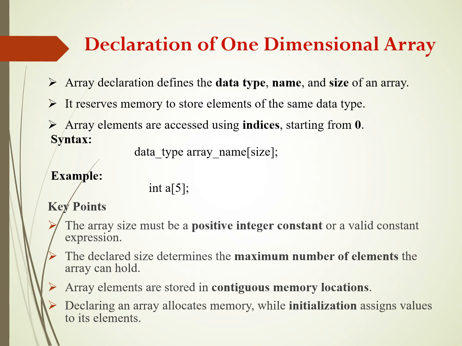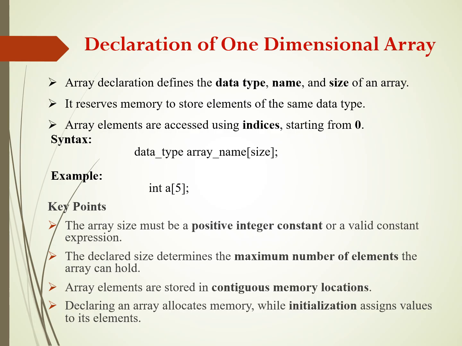Now let's look at some important key points to remember. The array size must always be a positive integer or a valid constant expression. The declared size determines the maximum number of elements that the array can hold. Also, all array elements are stored in a continuous memory allocation, which allows faster access to the data.